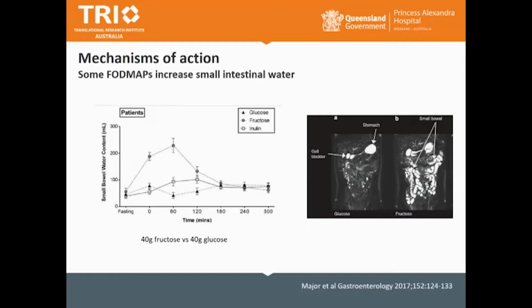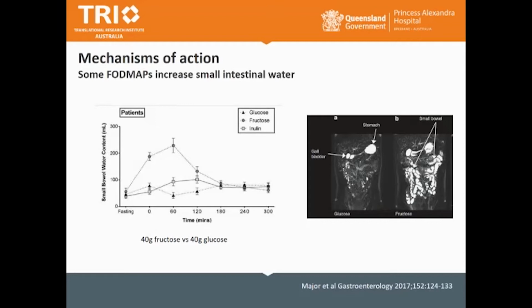And if you think about the visceral hypersensitivity that I was talking about earlier in the presentation, having all of this extra fluid in the lumen of the gut is likely to induce symptoms in susceptible people. And in this diagram here, you can see the white being the fluid or the water in the lumen.